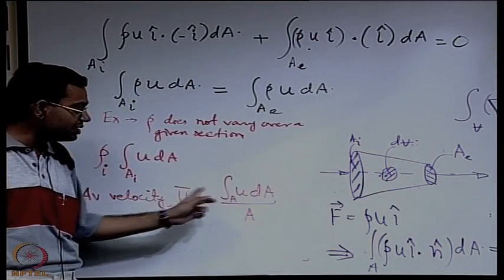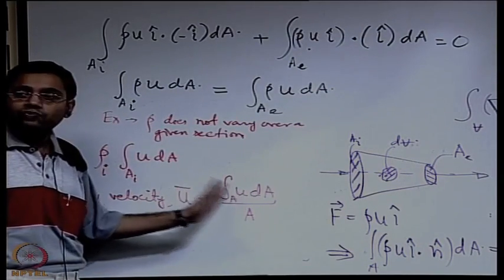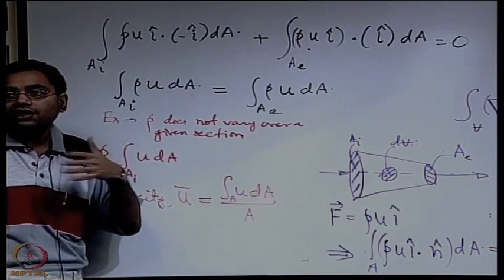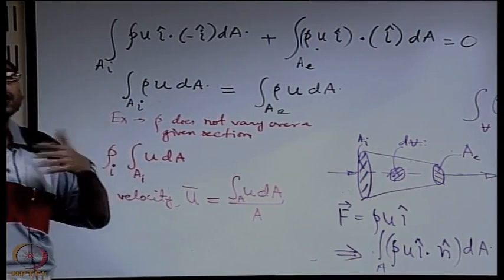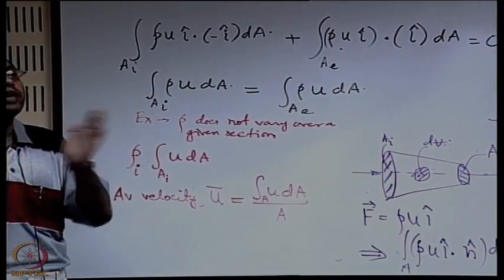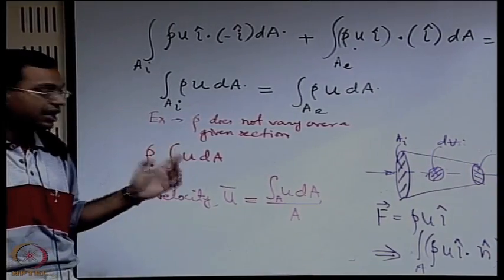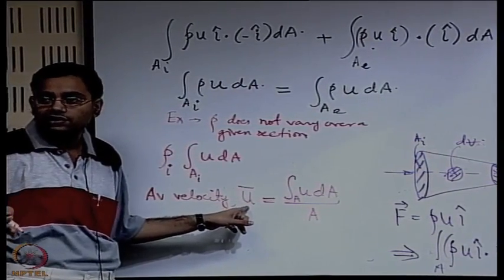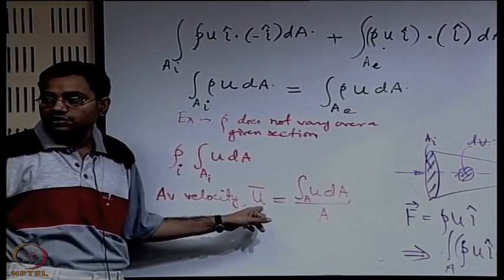So, what we are basically doing is equating the volume flow rate. In one case it is a variable velocity, the real case; in the other case it is an equivalent idealistic case where it is a uniform velocity, but the end effect, the volume flow rate, is the same. That equivalent uniform velocity over that section is known as the average velocity.